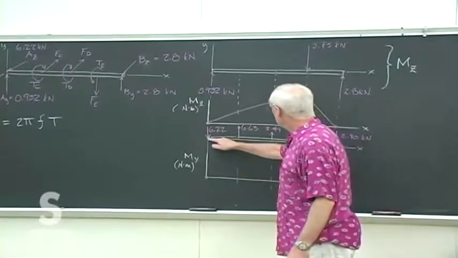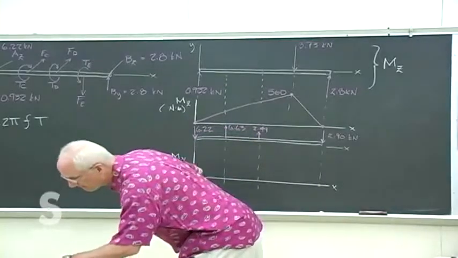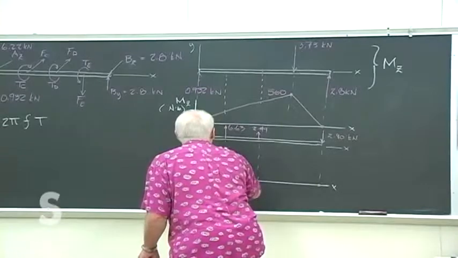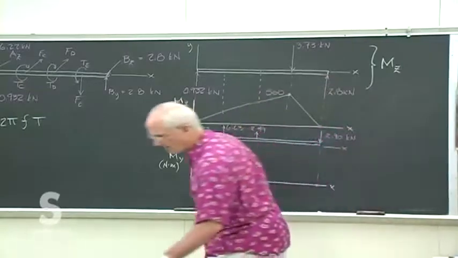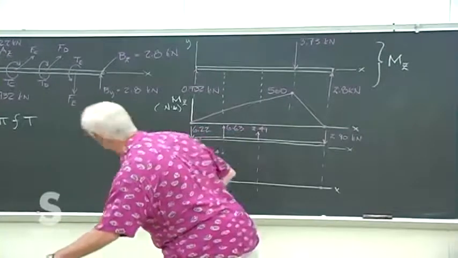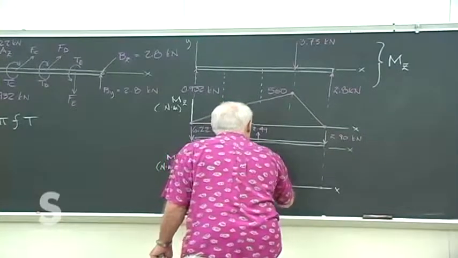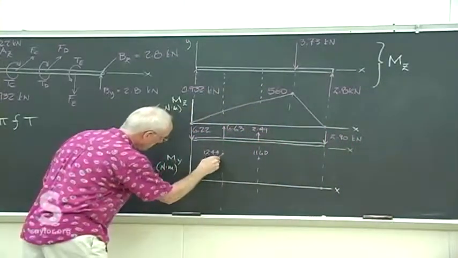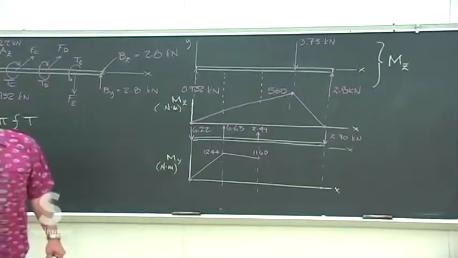All right, so if we figure out the moment's going to linearly increase up to 1244 at gear C, then it's going to decrease linearly, and you can figure all this out just from the way we used to do our moment diagrams. That decreases to 1160, and it's linear in between, so we can draw those.